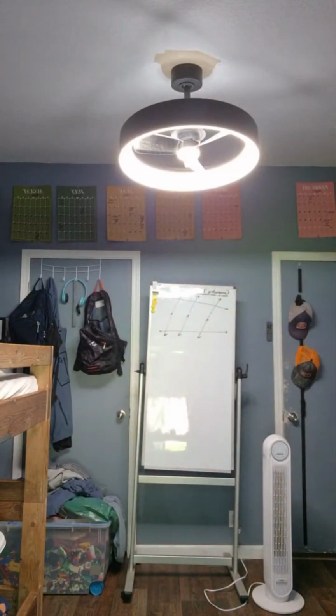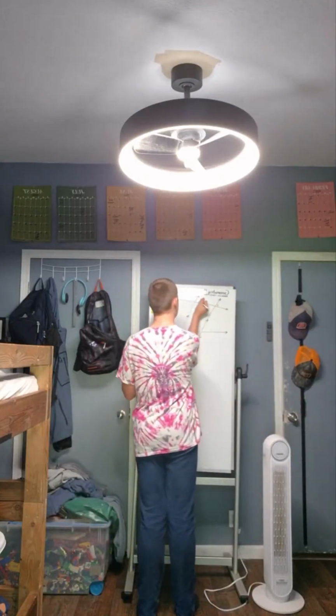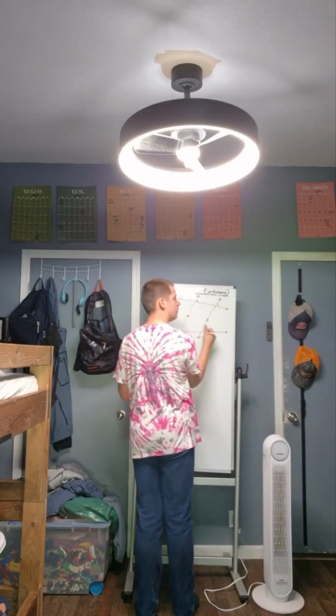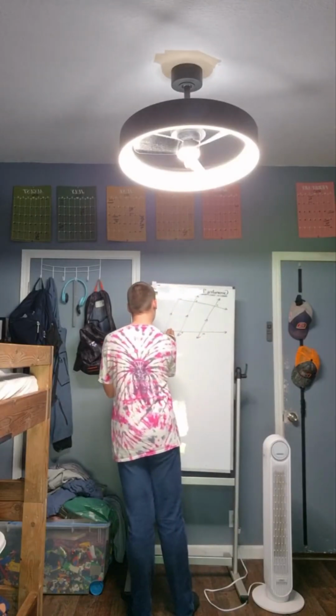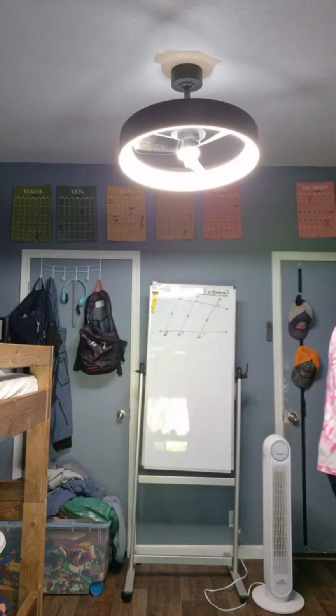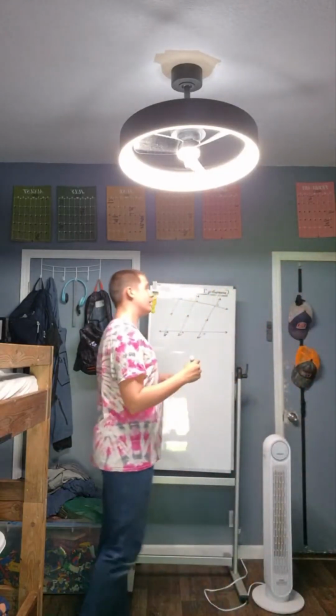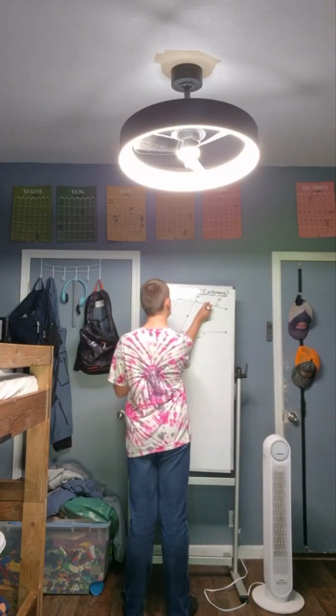So here is what it says. J, K, L, B, M, P, Q. It says, for this one, 6x minus 5.